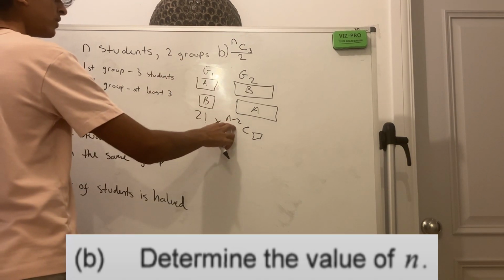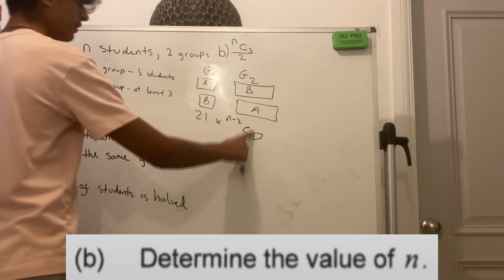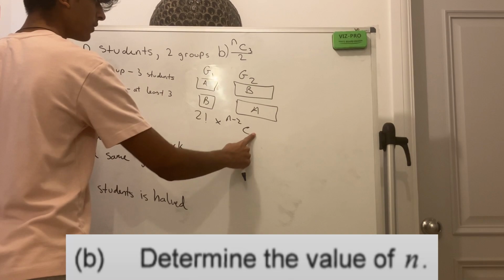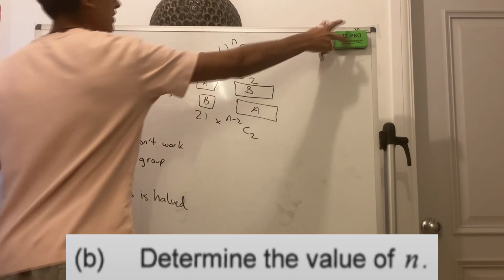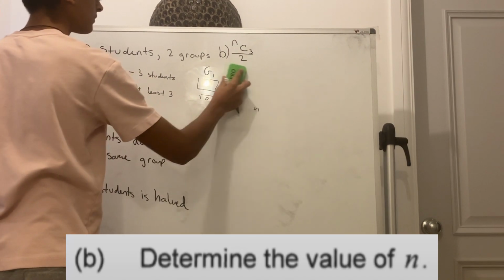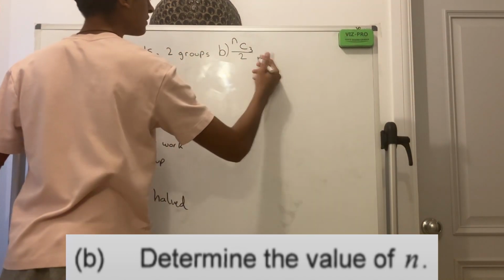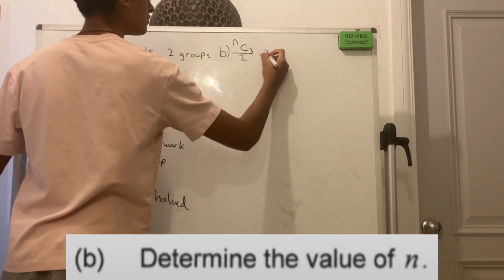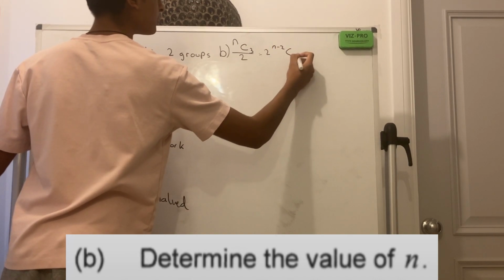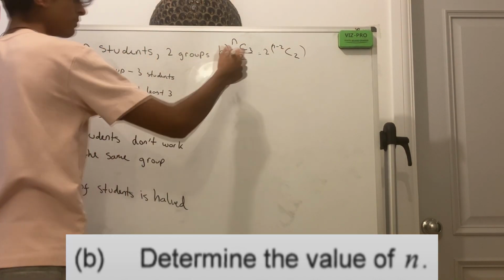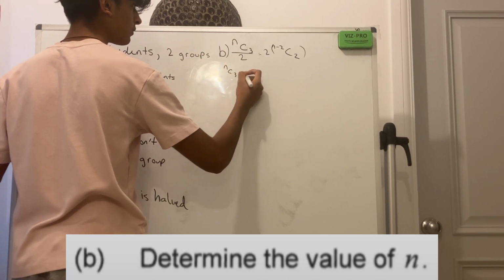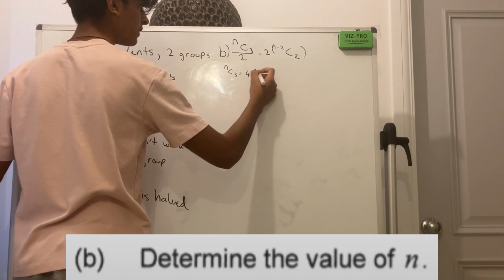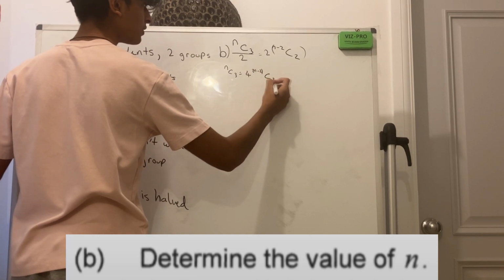So we're choosing from n minus 2, 2. So we have 2 times n minus 2 choose 2 must equal to this. Multiplying by 2, I get that n choose 3 is equal to 4 times n minus 2 choose 2.